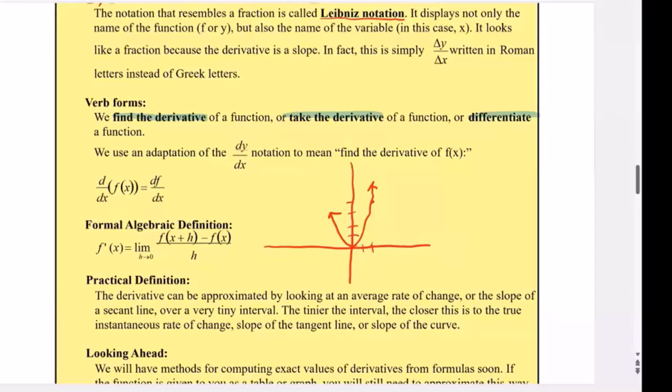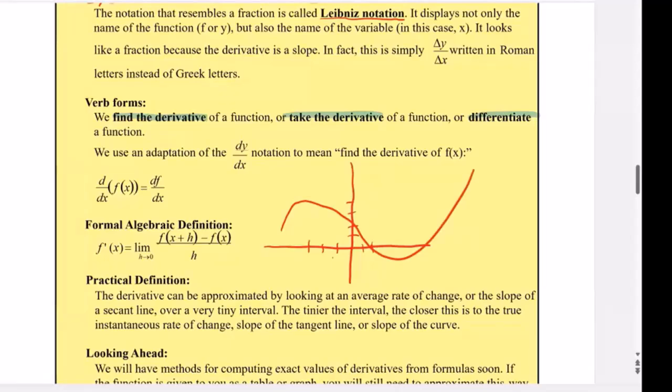I want to find the derivative of this function, which I don't know what it is. Actually, let's draw it like this so that we don't know. So let's say I'm going to draw a graph, and the graph looks like this.